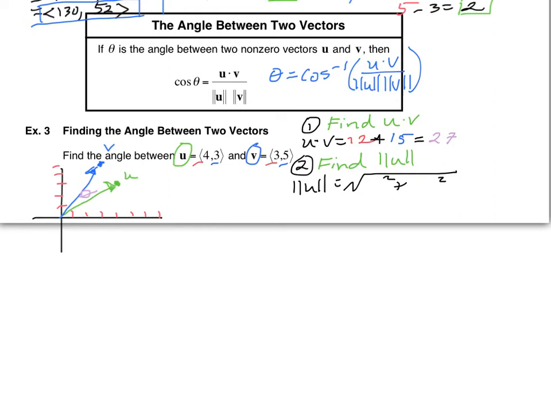My x is 4, my y is 3. That gives me the square root of 16 plus 9, which is what? 25, which we found before, right? So the magnitude of u is 5. And then step 3, we're going to find the magnitude of v.